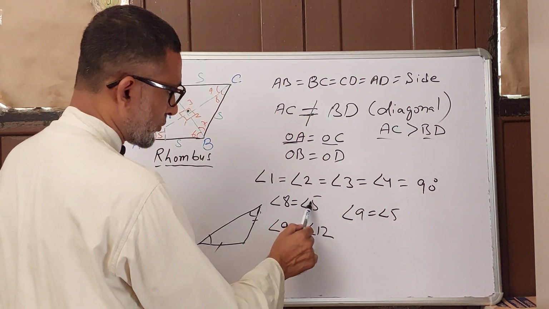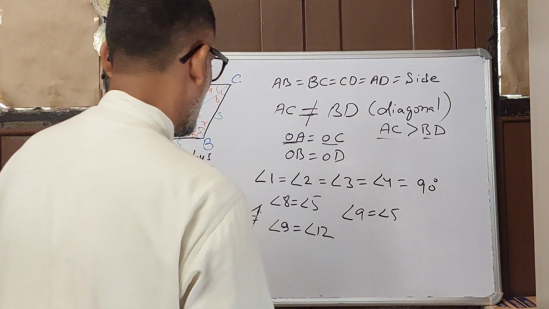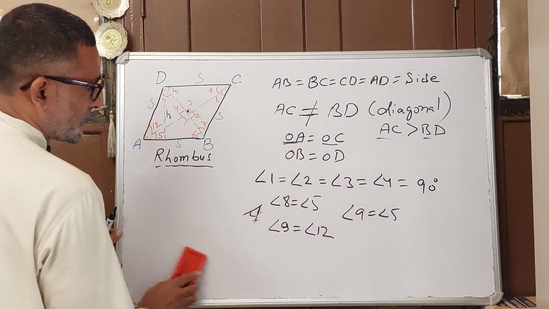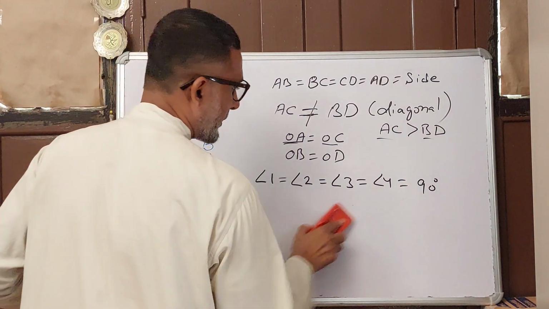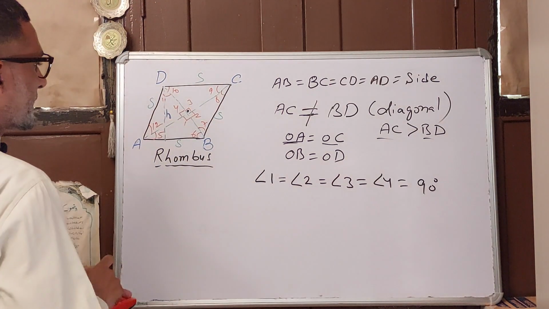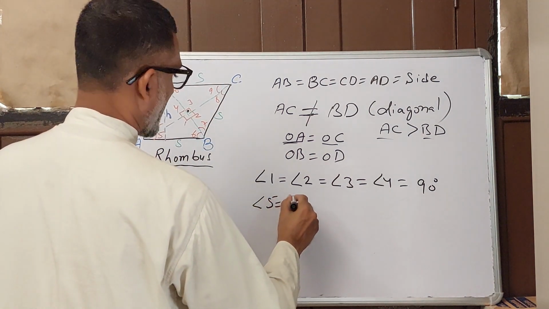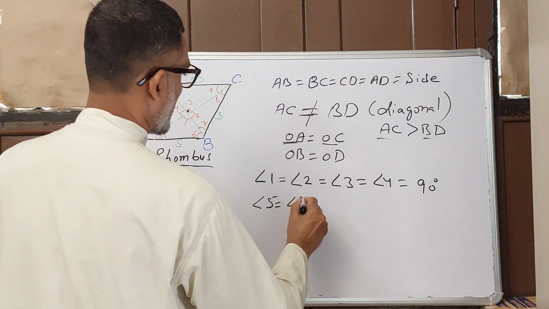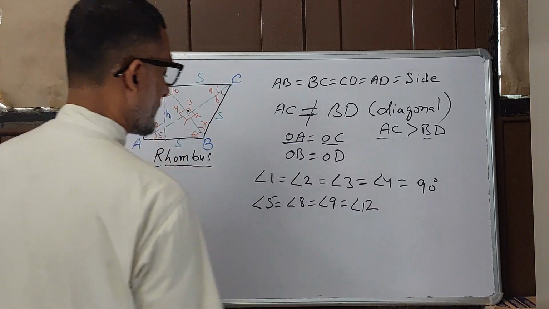This means 8 is equal to 5, 5 is equal to 9, 9 is equal to 12. It means all are equal to each other. So just applying our little mind, we find that angle 5 is equal to angle 8 is equal to angle 9 is equal to angle 12.